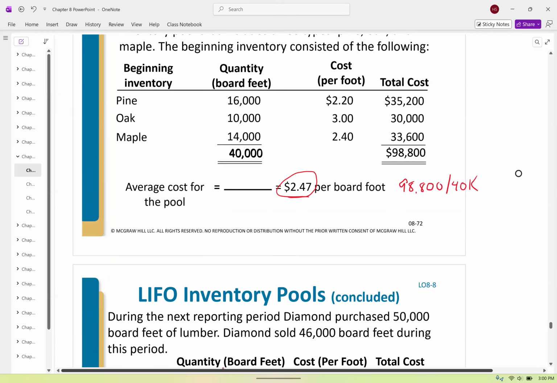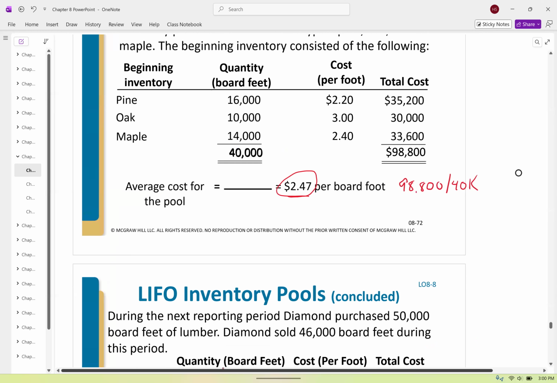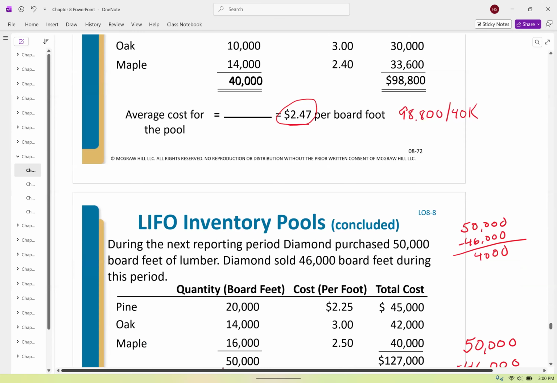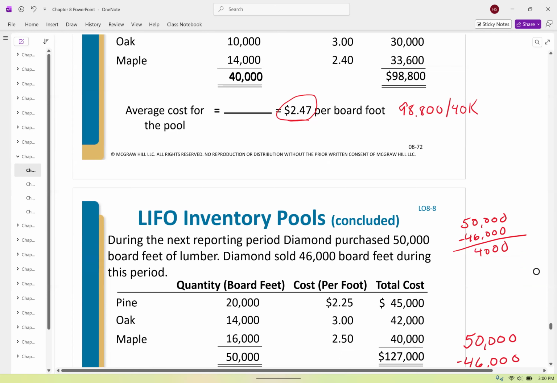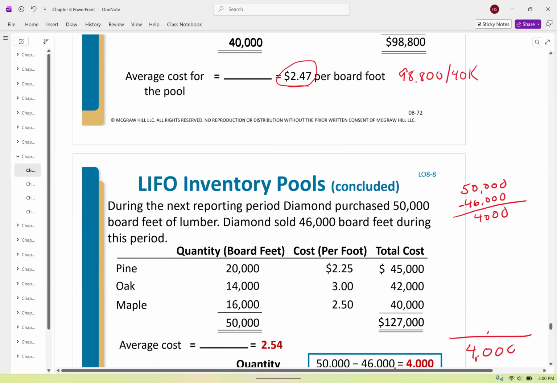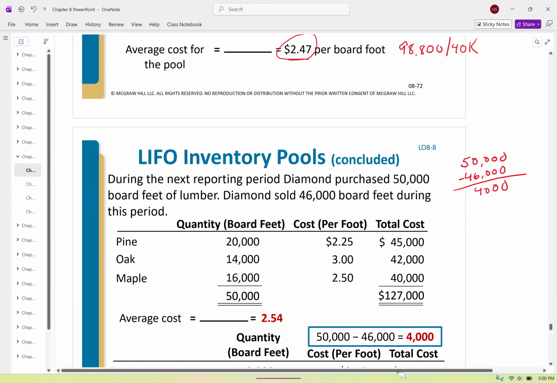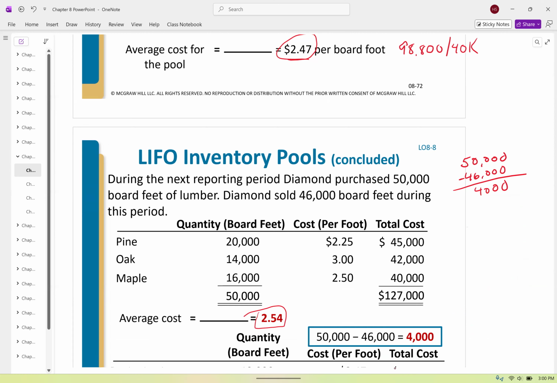So then in the next period, they purchased 50,000 board feet of lumber, and they sell 46,000. Okay. So we're creating a layer here. Okay. So we're going to take all of that 50,000 that we purchased, total cost of 127, divide that by the 50,000, and we get $2.54.